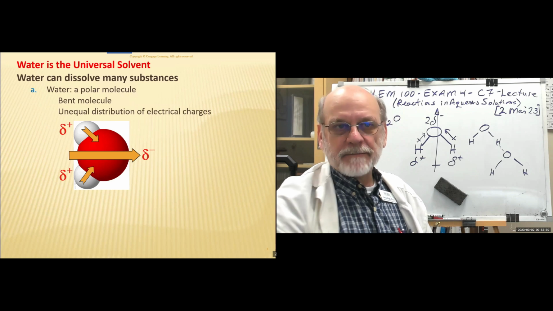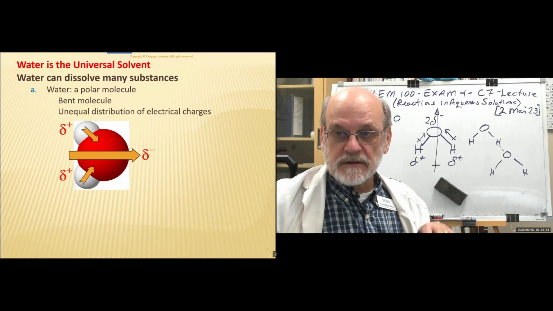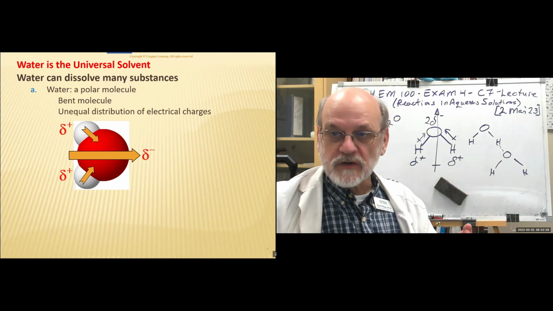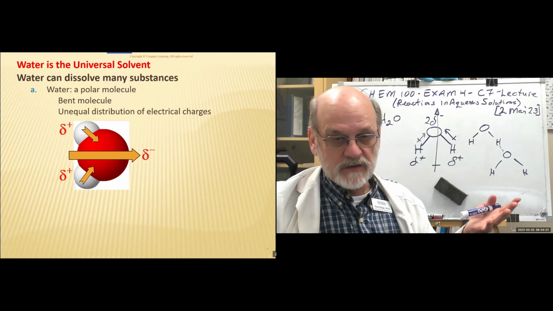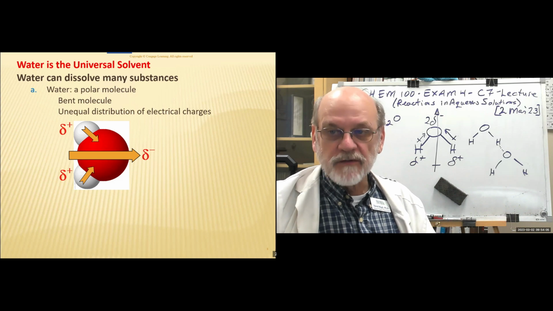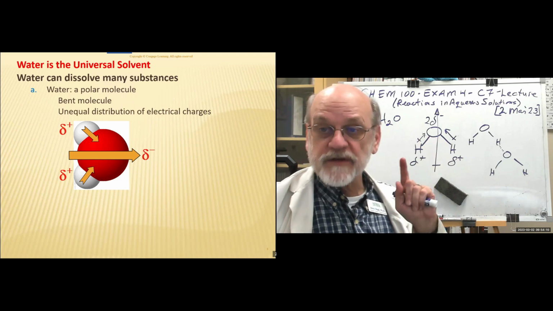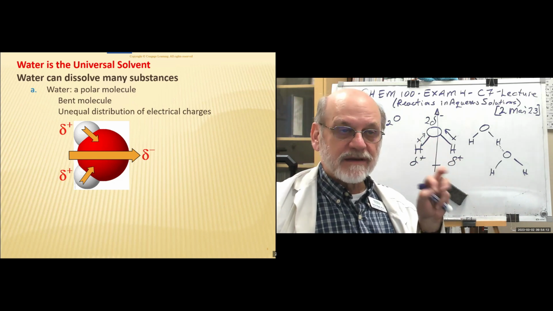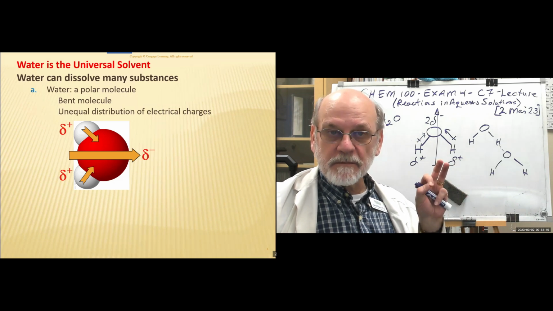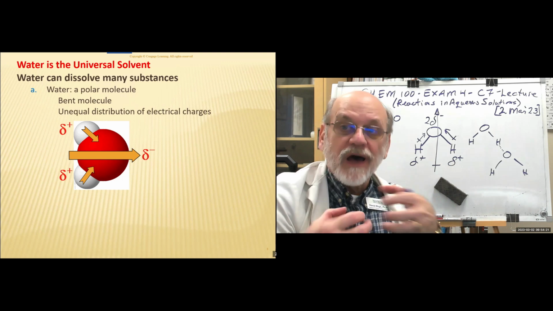So many substances in the environment are polar in nature, or even ionic in nature. And if they are, then water can dissolve them. Many of them, I should say. Some of them, like our previous example with lead 2 iodide, have a stronger attraction to their own ions.